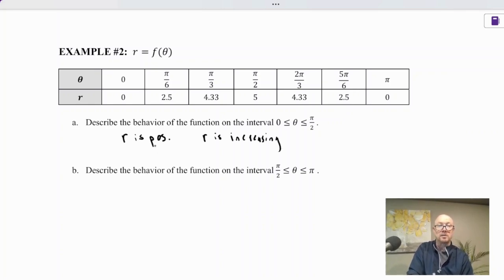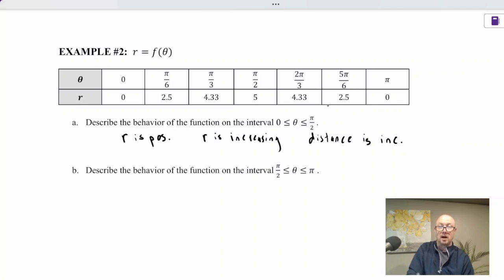So we have r is positive and r is increasing, so we should be able to answer the question, what's happening between the function and the pole, the distance? So in this case here, the distance would increase. Distance is increasing. Okay, same thing now, looking at pi over 2 to pi.